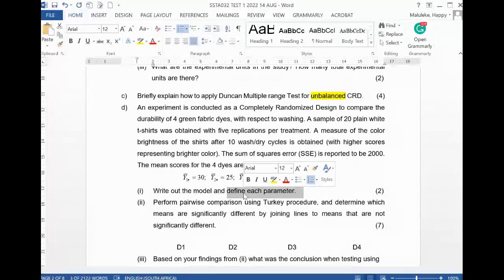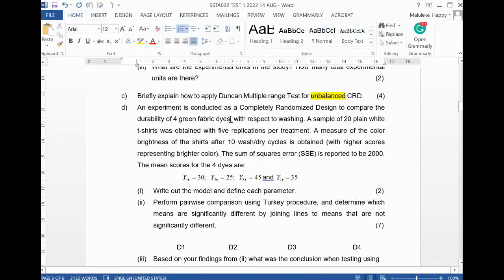Yij represents the response variable. Mu is the population mean. Tau i is the effect of the ith treatment. And then you have to define the parameters based on what? On the given problem.